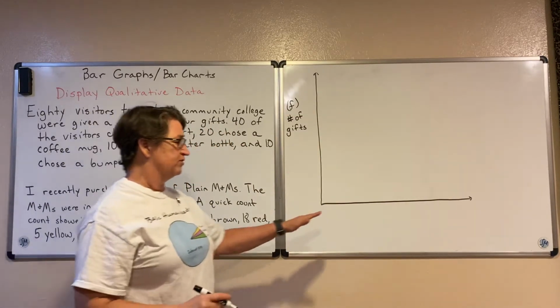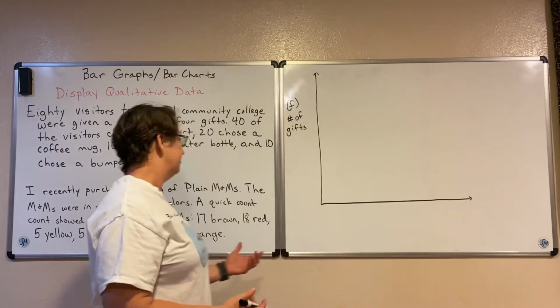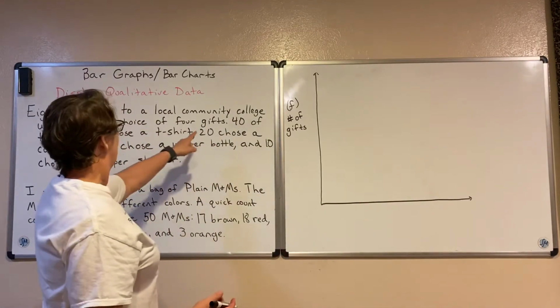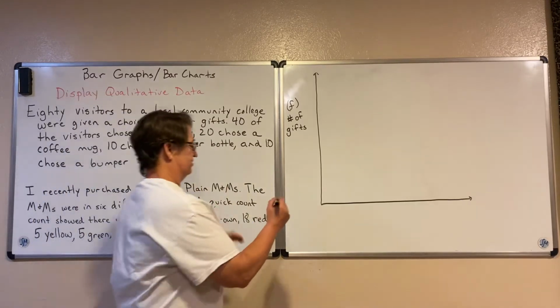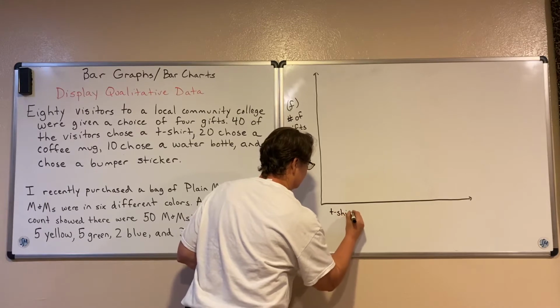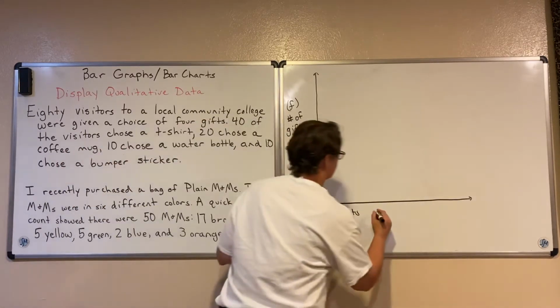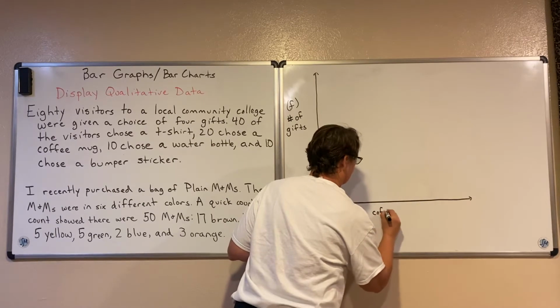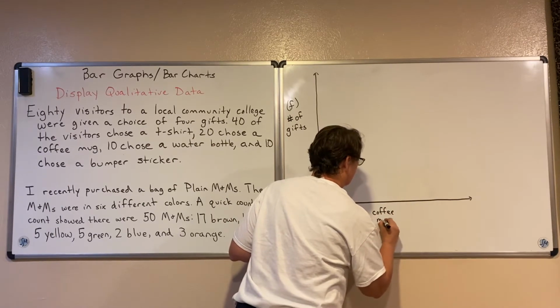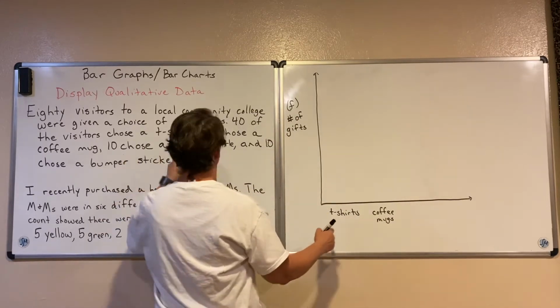Then, on the horizontal axis, we have our different categories. In this case, our categories are t-shirts. Just going to label those down here. T-shirts, coffee mugs, and these are just the categories, that qualitative data.